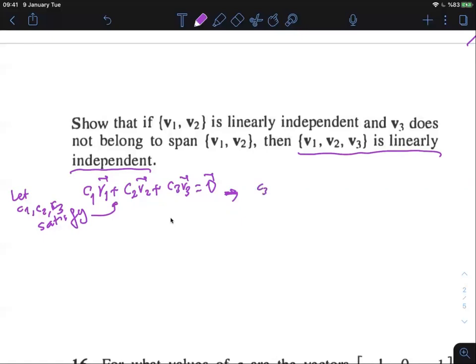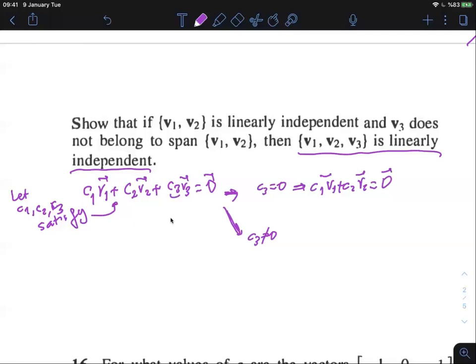Either C3 is 0 or C3 is not 0. There are two possibilities. If C3 is 0, this means C1v1 plus C2v2 equals 0, right? If C3 is 0, then this sum must be 0.